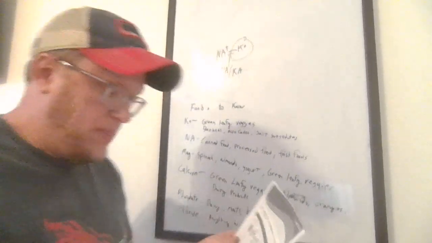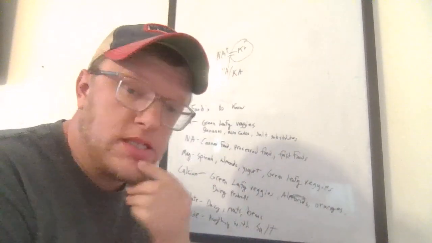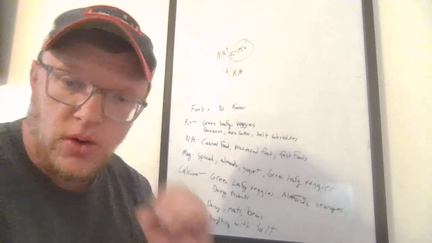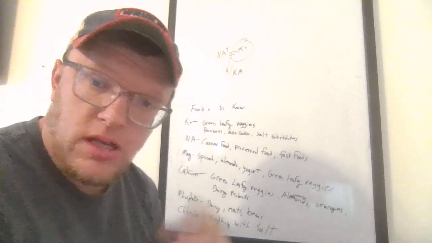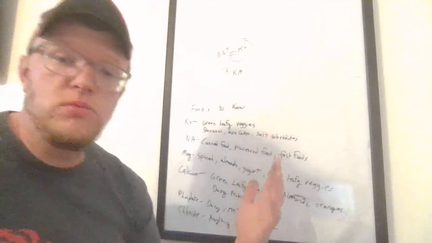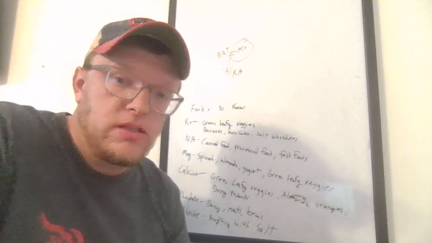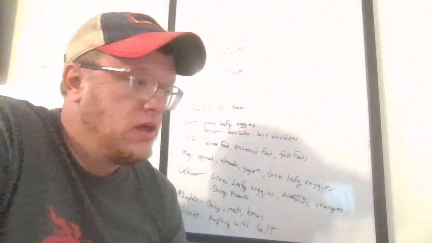Okay, the big thing that you need to think about symptom-wise with a sodium imbalance is neuro. All right, because too little or too much salt causes that fluid shift that I talked about in the fluid video.